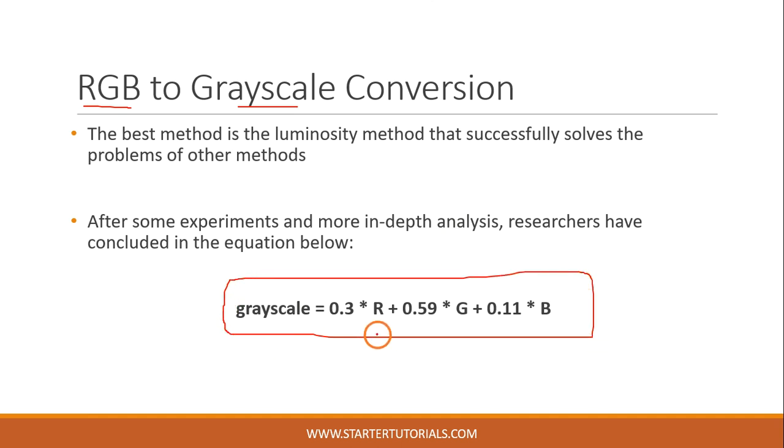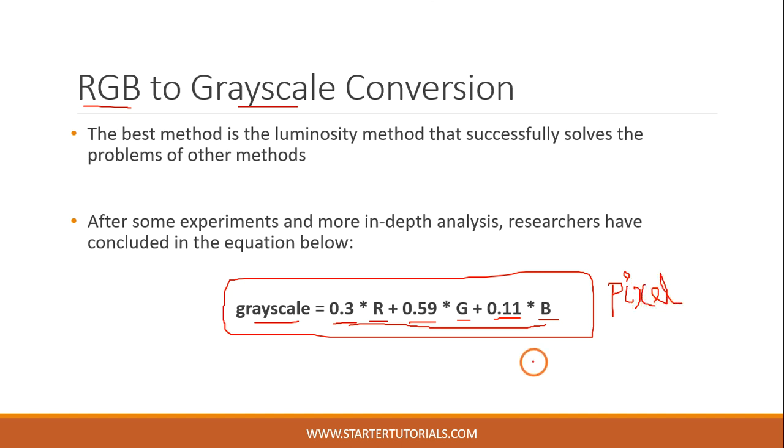For each pixel of the existing image, take the red component and multiply it by 0.3, take the green component and multiply it by 0.59, and take the blue component and multiply it by 0.11. Add all these three values and you will get the grayscale value for that particular pixel. An image is made up of different pixels.